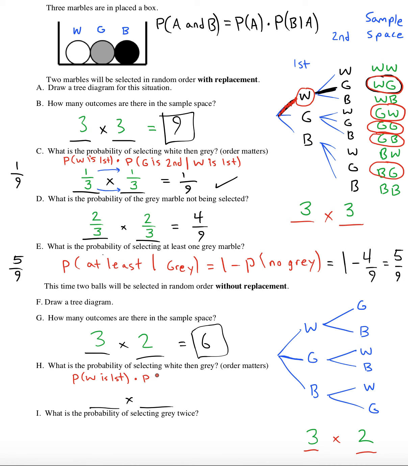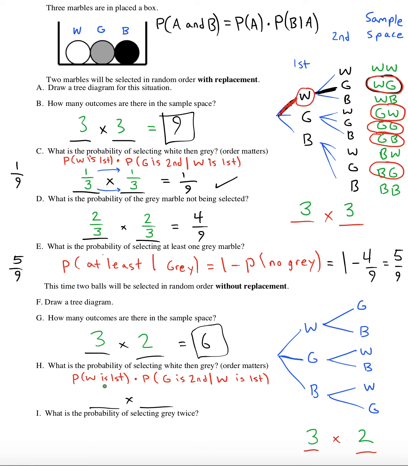Then we want to multiply by the probability of getting gray on the second pick, given that white is first. So successive events have to assume that the first event happened when you go to find that next probability.